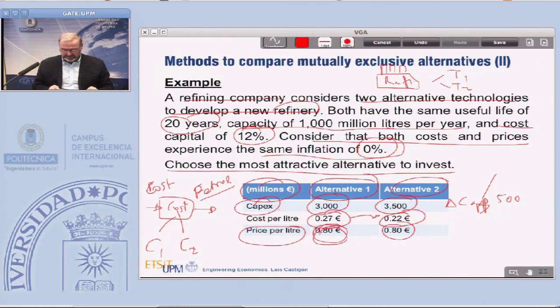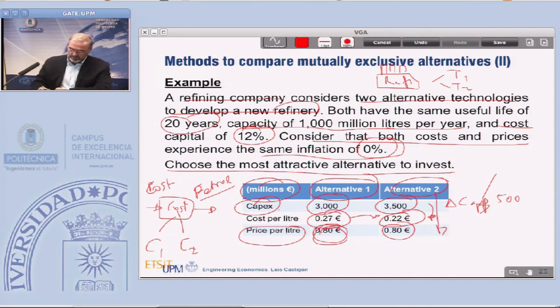As a consequence, alternative 2, due to the higher capex, is more efficient. We expect this technology to be more efficient, and we notice that the cost per liter is cheaper in alternative 2.